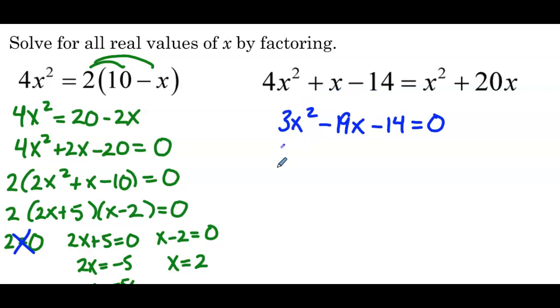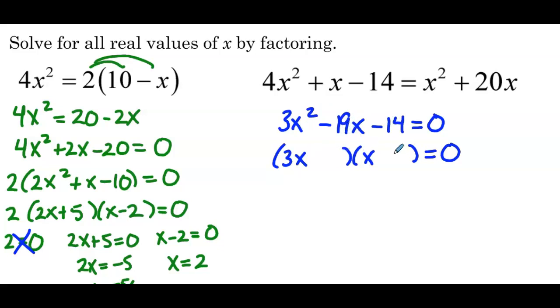Now we can factor. So we have a prime leading coefficient, so let's see if we can factor it with our trinomial technique. Otherwise, we can revert back to using grouping. So let's see. 3x and x, so we need factors of negative 14 that, if we multiply it out, give us negative 19.